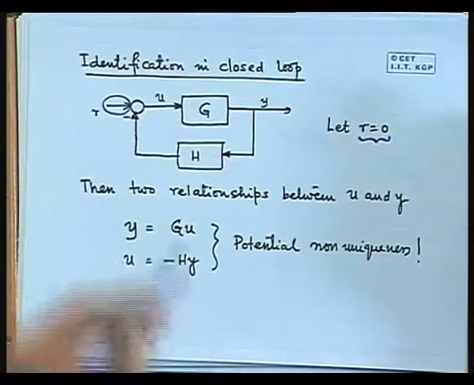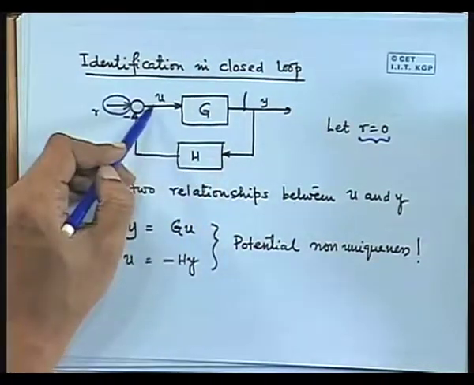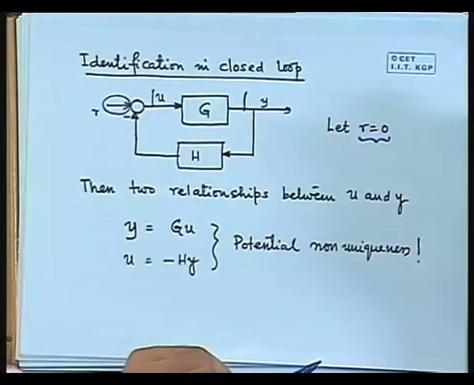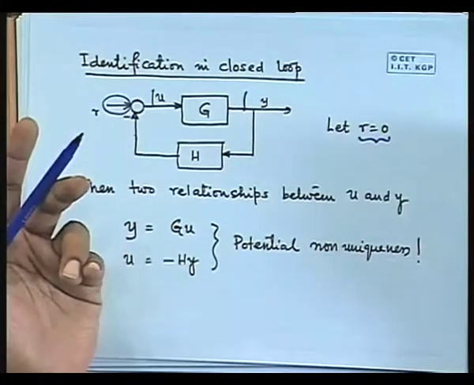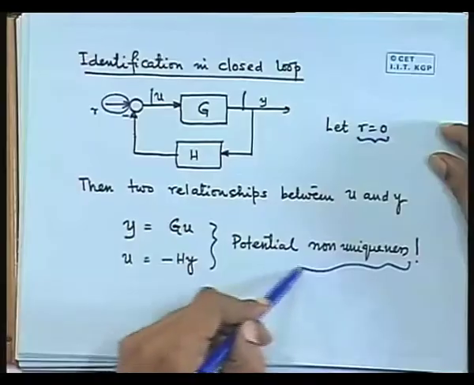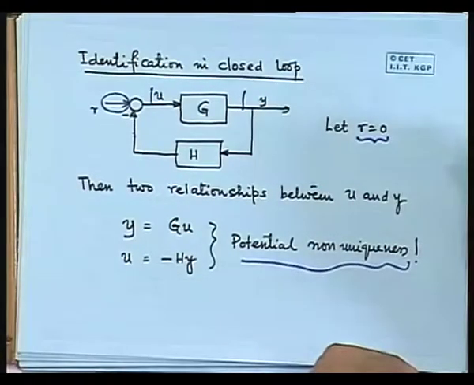So if you identify between U and Y, which you do in identification, which one will you get? Both are correct. So there is a possible potential non-uniqueness of the solution. You are very likely to get a situation where this solution is going to be non-unique.